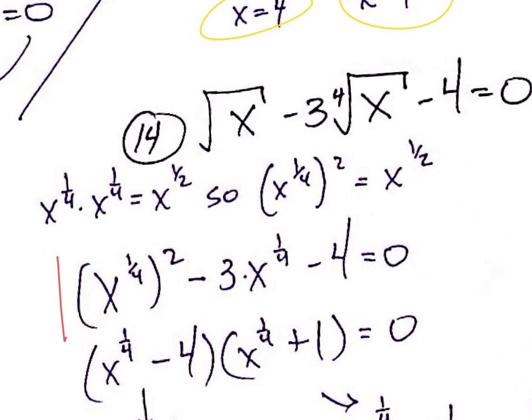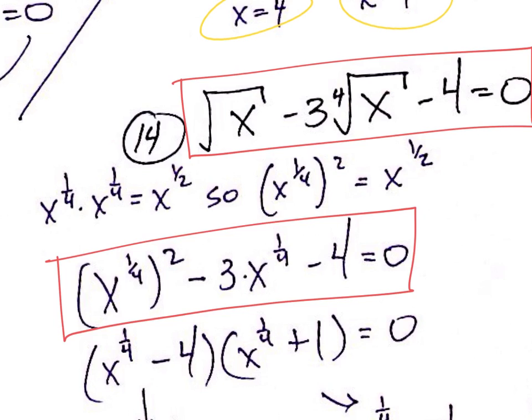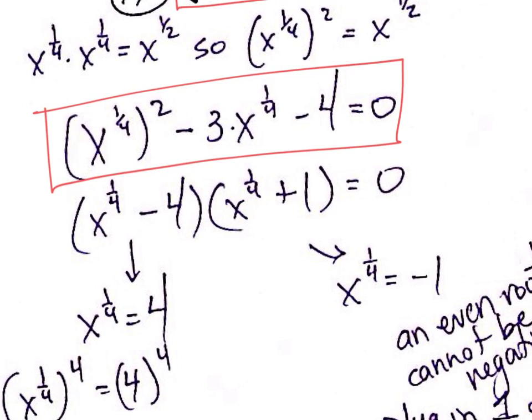What I did is I rewrote the original equation in terms of x to the 1/4, so you can see that this is like a quadratic that is actually easily factored. I know that with this 1/4 exponent it looks crazy, but you could factor this, x squared minus 3x minus 4 equals 0, okay, which is essentially what happened here.